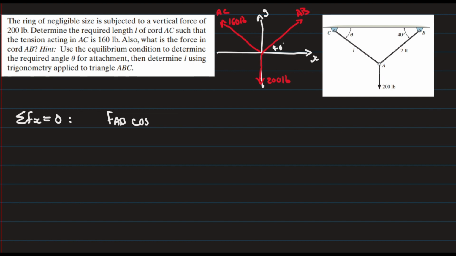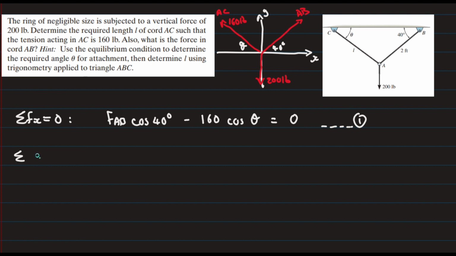We have 40 degrees over there, and we have theta there. Then minus force AC in the negative x direction, so minus 160 cosine of theta is equal to 0. And that is our equation 1.